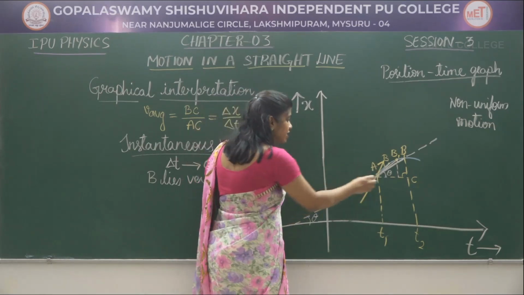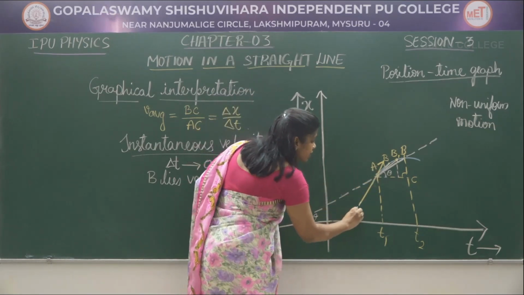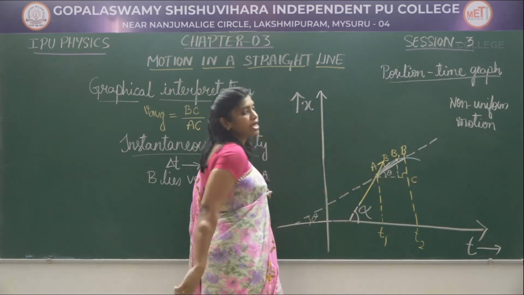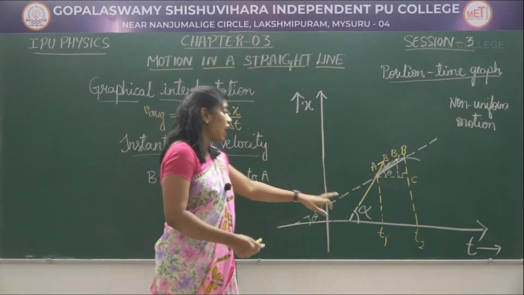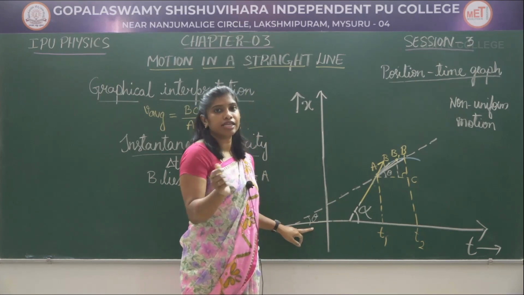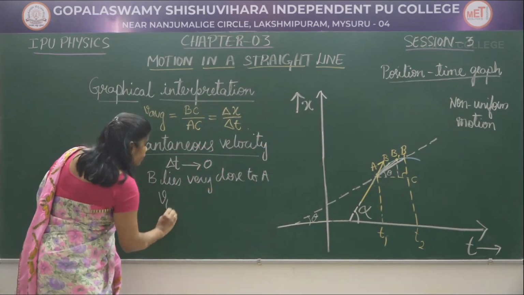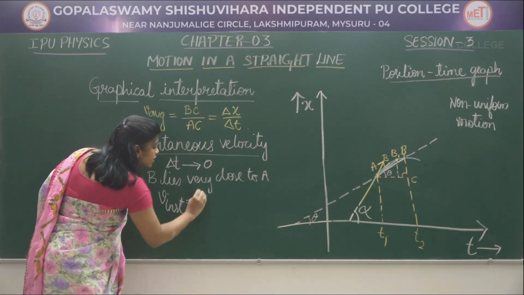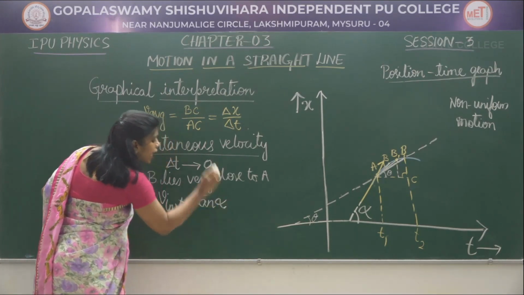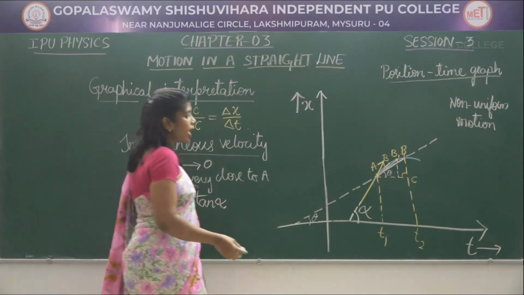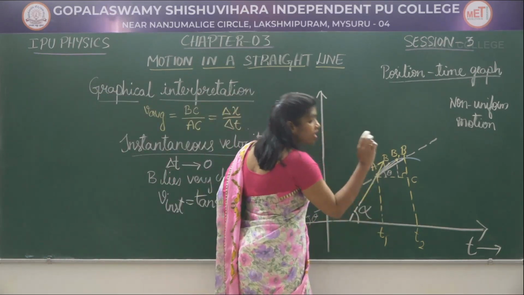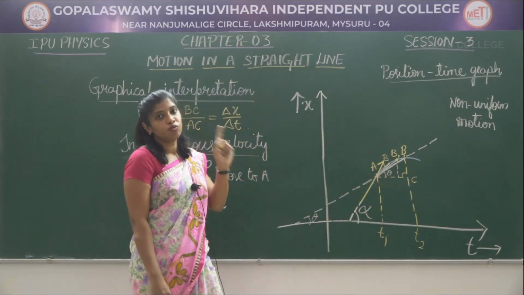So I got this tangent at A. Now let me extend this tangent. Then this angle, let me name it alpha. So this alpha is different from this theta. Now what is the instantaneous velocity? V instantaneous is nothing but tan alpha. So tan alpha gives me the instantaneous velocity.